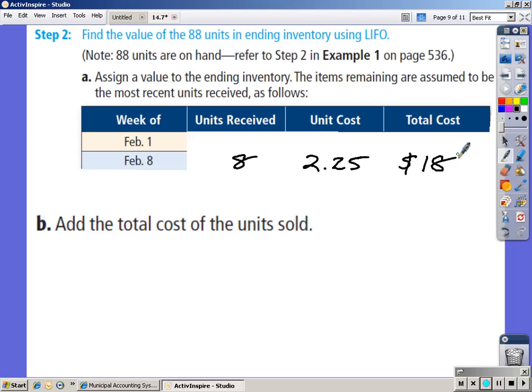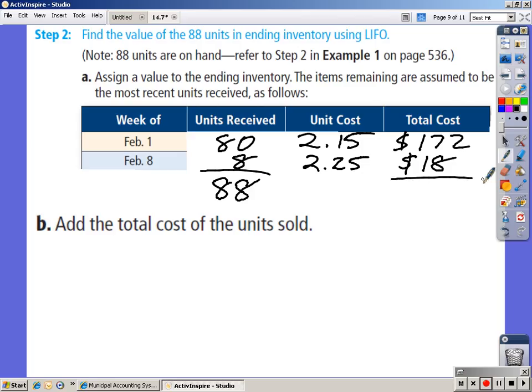Now, February 1st, we had 80 units come in at $2.15. 80 times 2.15 is $172. All right? So it told me we have 88 units remaining in ending inventory. That adds up to 88, so I know I've done it right. My cost of goods in ending inventory is $190. Okay? Excellent. That is the LIFO method.